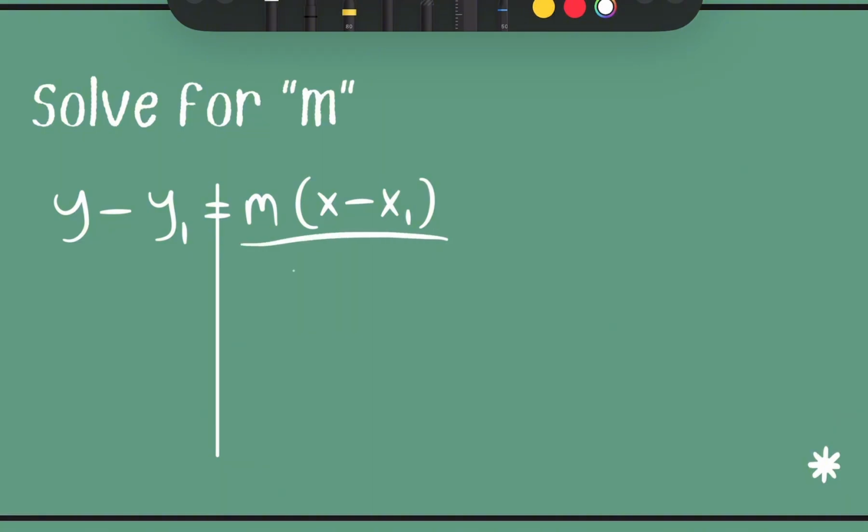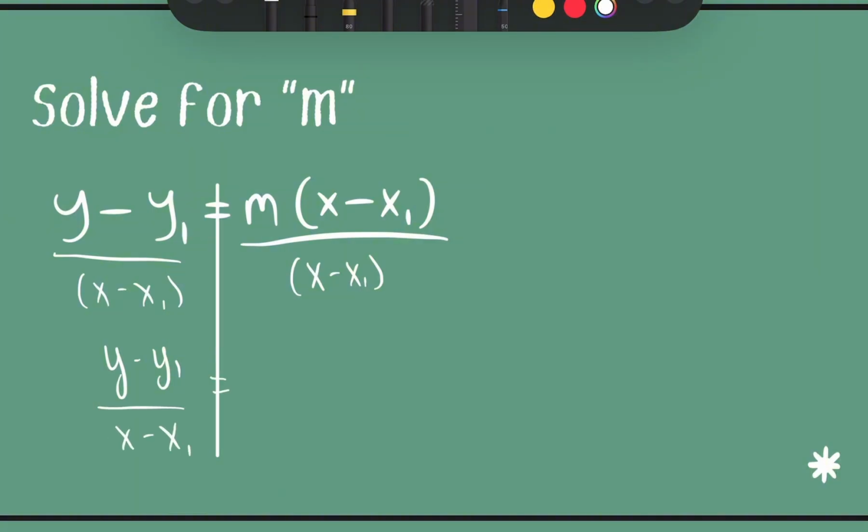So all I need to do is divide by those same parentheses in order to get rid of them. And just like that, I am now left with y minus y1 divided by x minus x1 is equal to m. And that's it. And you're going to want to remember these formulas because we're going to use them in future topics.